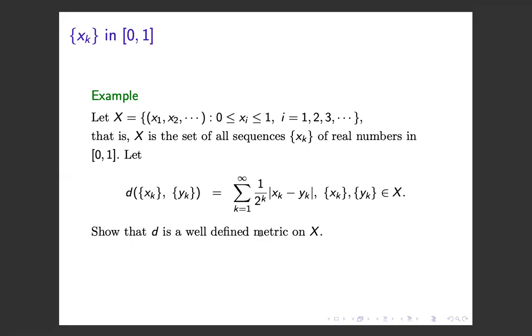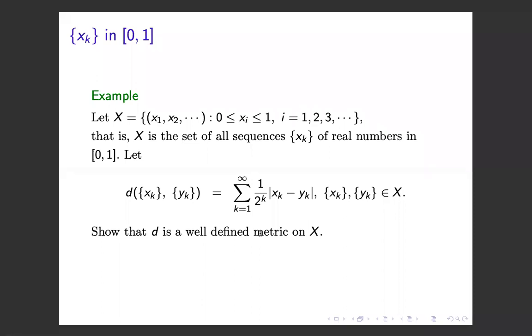A typical point in X would be a sequence, so you have to define the distance between two sequences, let's say (x_k) and (y_k) in X. Since k runs from 1 to infinity, you have to bother about convergence as well.